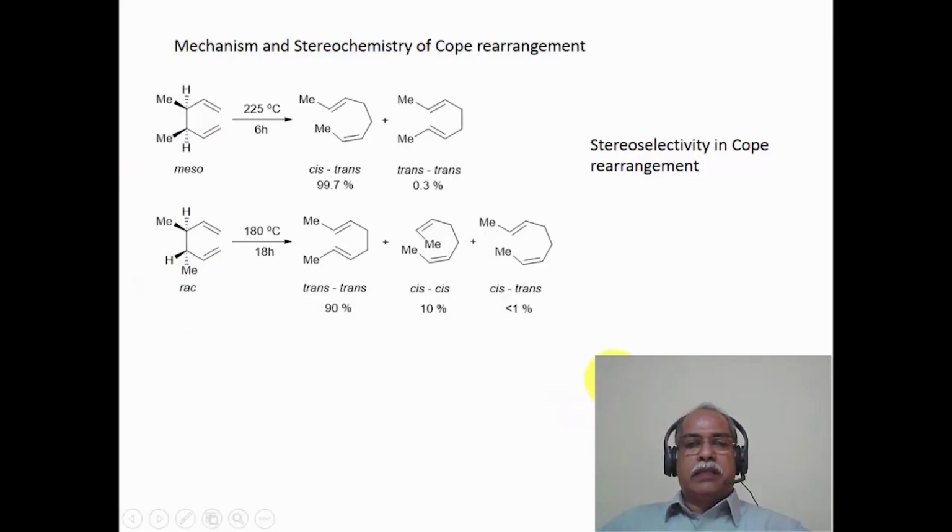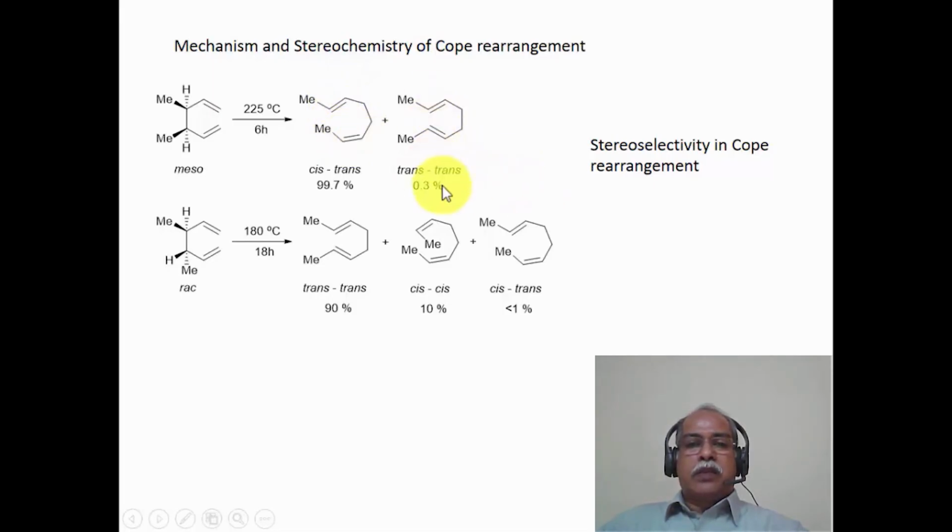What is important here is the stereoselectivity in the Cope rearrangement. If you look at the meso form, which undergoes rearrangement at 225 degrees, it almost exclusively gives the cis,trans isomer of the product that is being formed. In other words, the double bonds are formed in a very stereospecific manner. This is a trans double bond and this is a cis double bond.